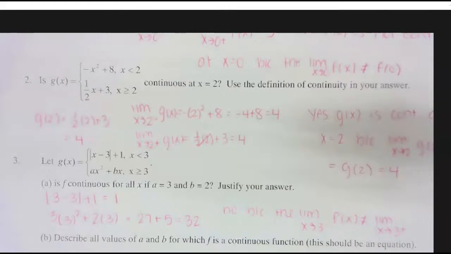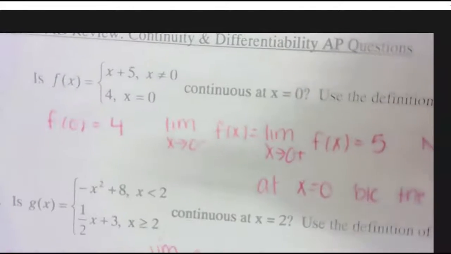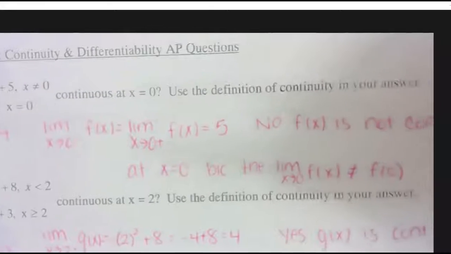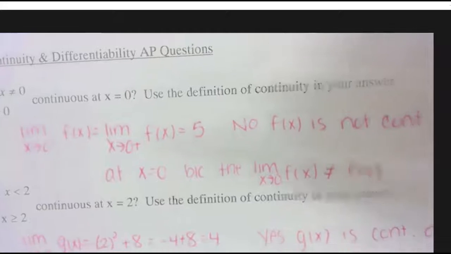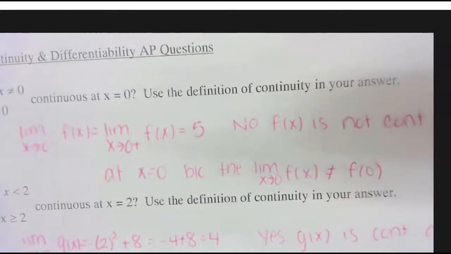So, in number 1, f of 0 is equal to 4. The limit of f of x at 0 from the left was 5. So the limit from the left and the right were equal, but they didn't equal f of 0. Therefore, f of x is not continuous at x equals 0.